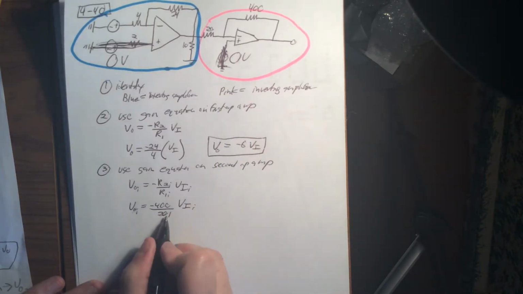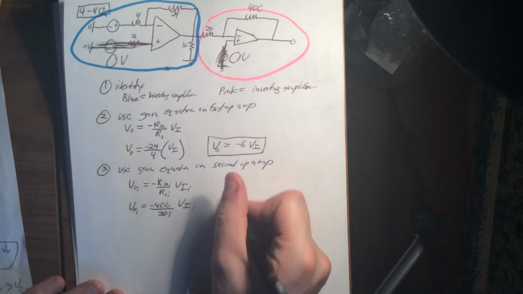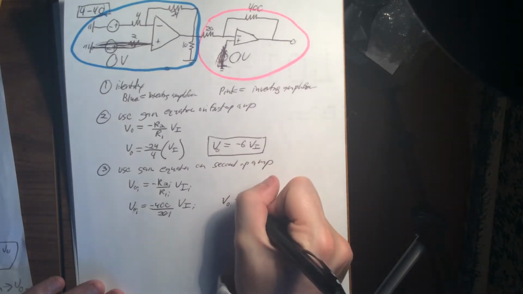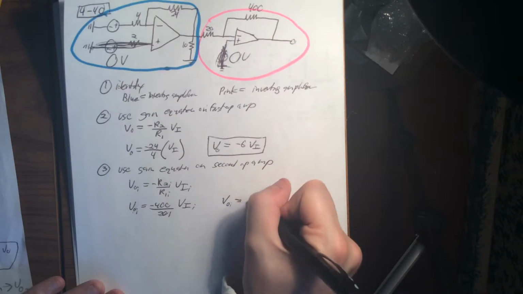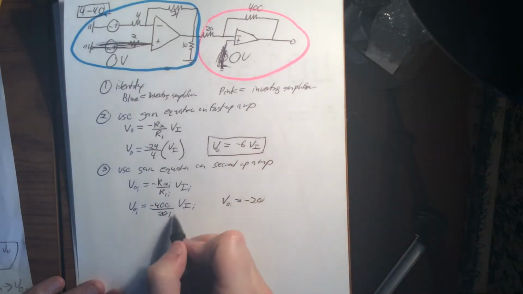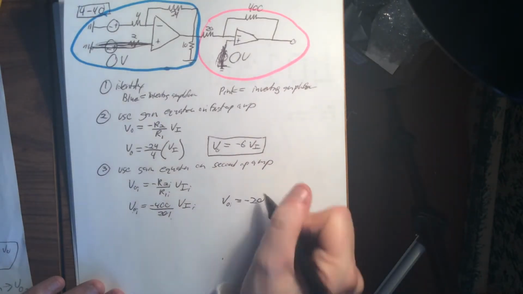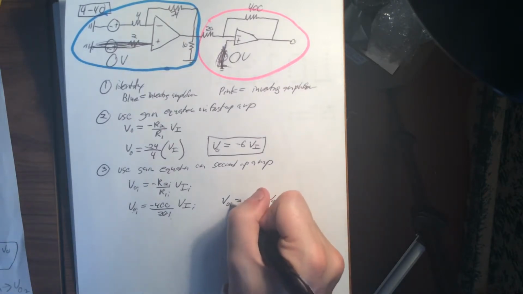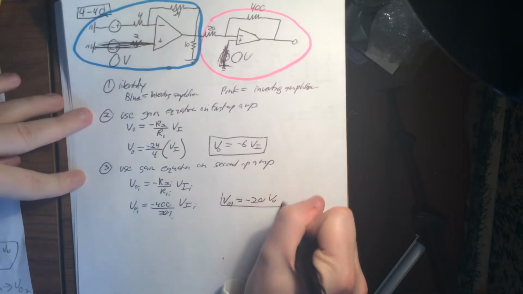So this is going to be our V0I equals minus 20. So 400 divided by 20 equals 20. Okay, so that's our second block.